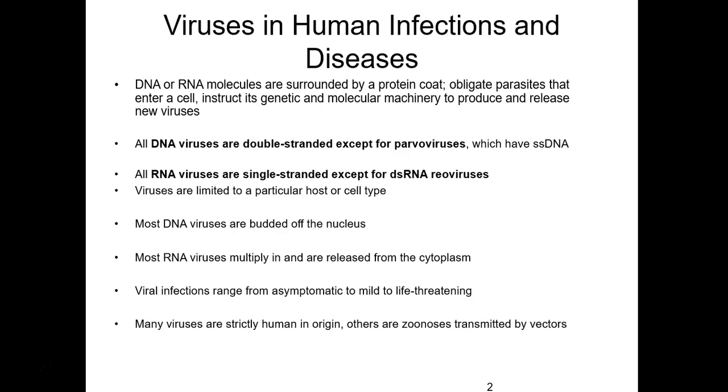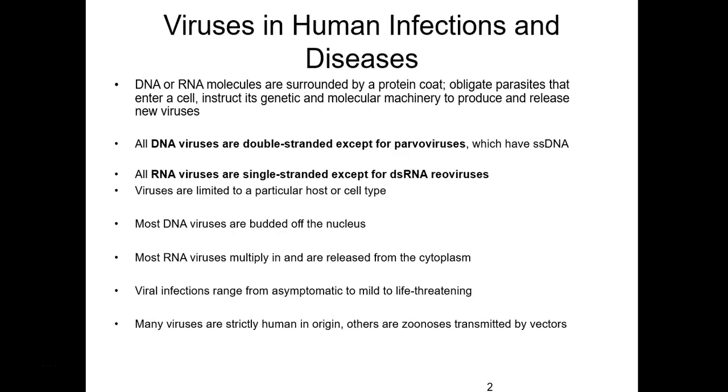Most are asymptomatic to mild, and then we have a few that can be life-threatening. But when you think about things such as the adenoviruses, which cause, in some cases, the common cold, getting a cold is not going to have a great impact on your overall health. It's going to be something that's acute, develops symptoms, and begins to decline within several days.